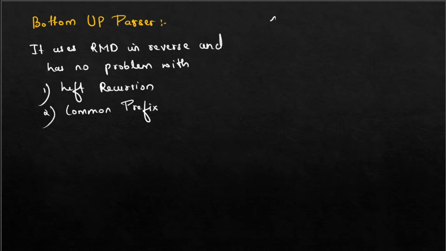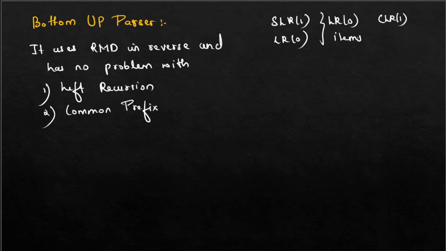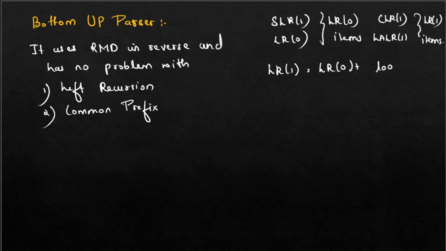Okay. So SLR1, LR0, these are LR0 items, CLR1, LR1, these are all LR1 items. So LR1 is equal to LR0 plus one lookahead. Okay, got the difference?